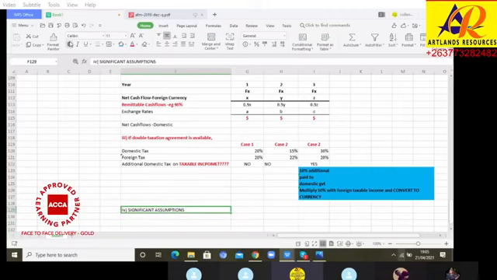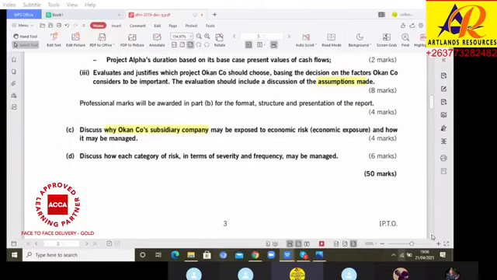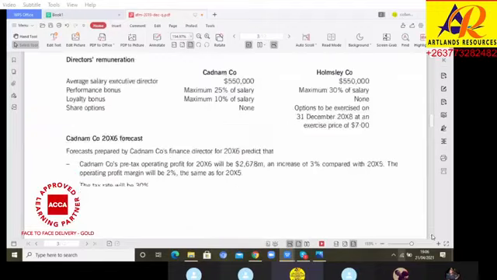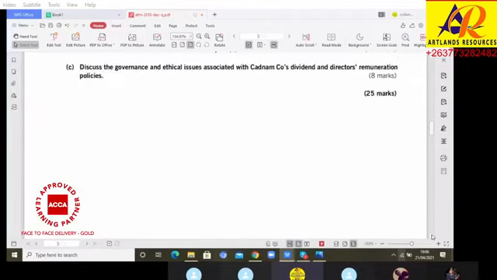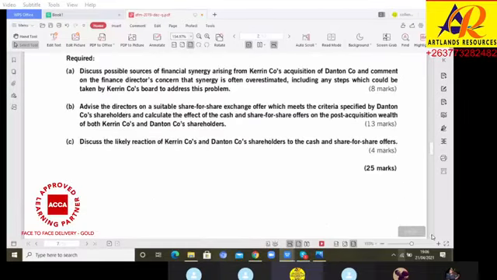There is a question which always asks about assumptions. Even in this paper, I notice: evaluating assumptions made, 8 marks. That was number 1. Assumptions made. The examiner will always give you a question where there is something to do with assumptions made. This was on the mergers and acquisitions question.